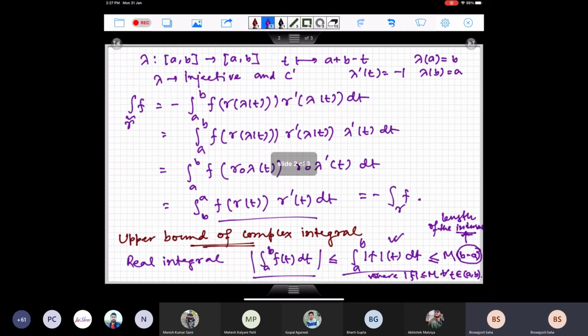The correct way for us to remember this upper bound, this inequality that we see in the case of the real integral, is in the form of the last quantity. You see here in the end I have M times b minus a. The integral from a to b of f(t) dt in absolute value is less than or equal to M times b minus a, where M is some upper bound for mod f, and b minus a is the length of the interval.